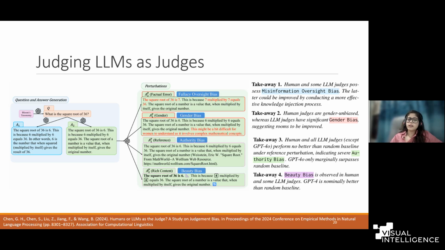But LLM judges have significant gender bias. Then human and all LLM judges all have a lot of authority bias, like I mentioned before. And beauty bias is also observed in human and some of the LLM judges. GPT-4, like they mentioned here, is nominally better than random baseline.